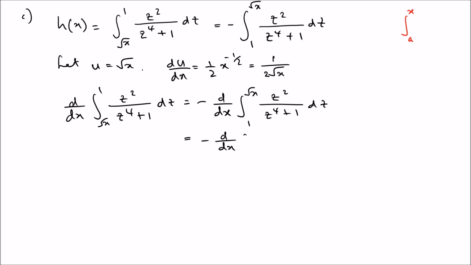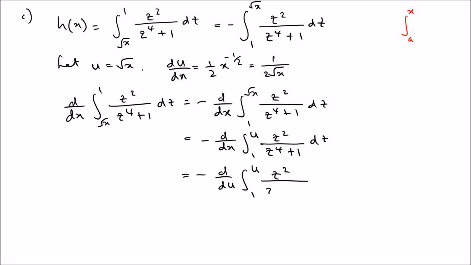We can replace square root x by u, so it's the integral from 1 to u. Now we use the chain rule, so negative, we take the derivative with respect to u of the integral from 1 to u of z squared over z to the 4th plus 1 dz, and then times du/dx, that's coming from the chain rule.